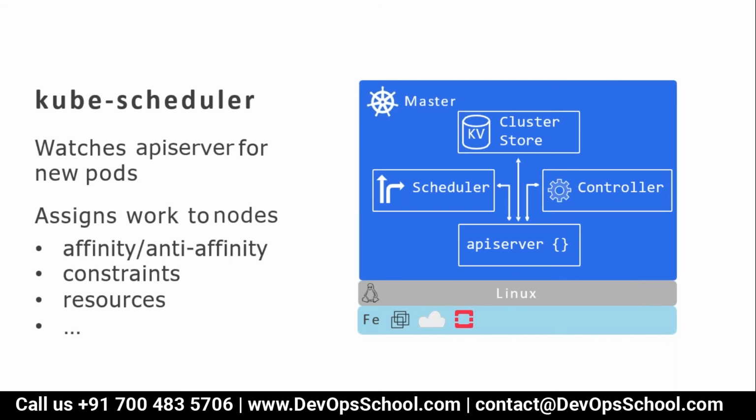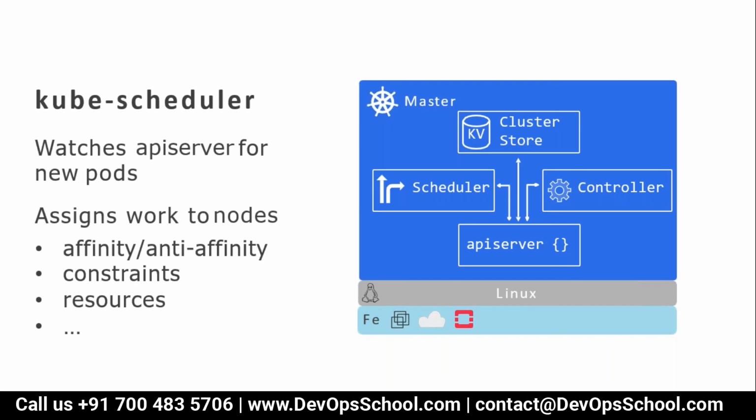Or anti-affinity. Anti-affinity means anyone in the team can do it, I have no problem, any random people. So it's like that. Assign work to the nodes: affinity, a special worker, or any worker, anti-affinity.